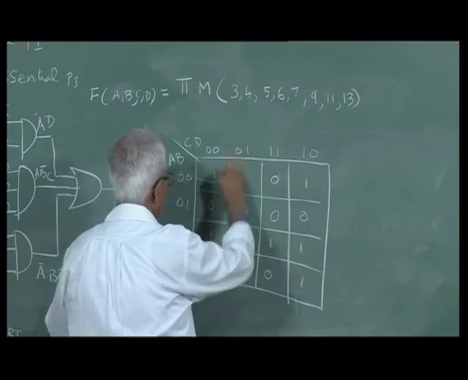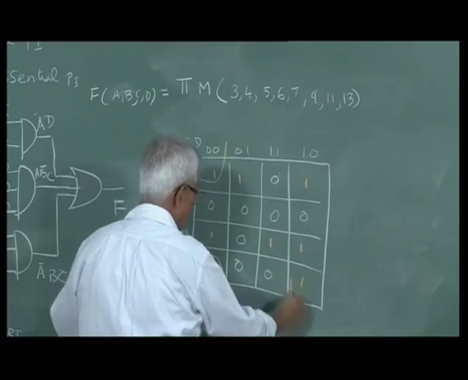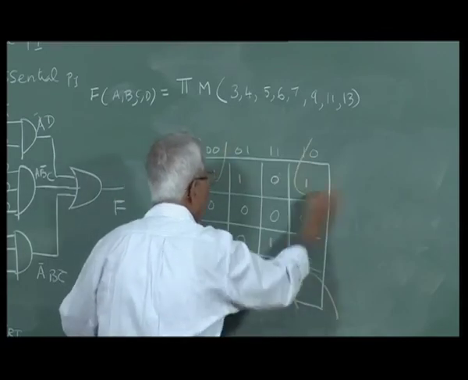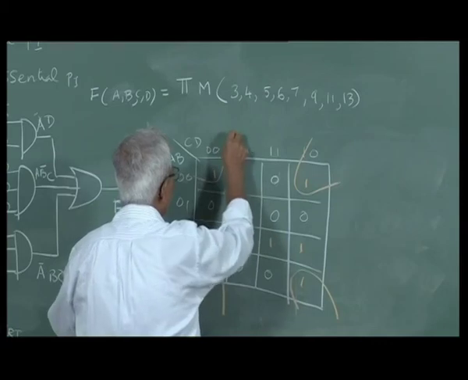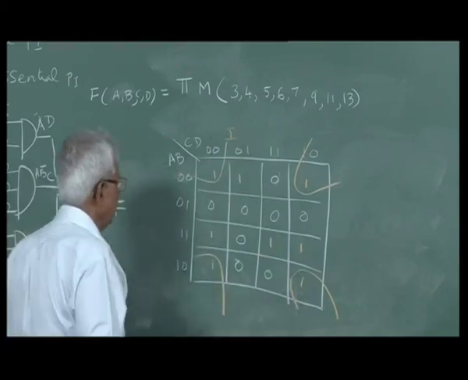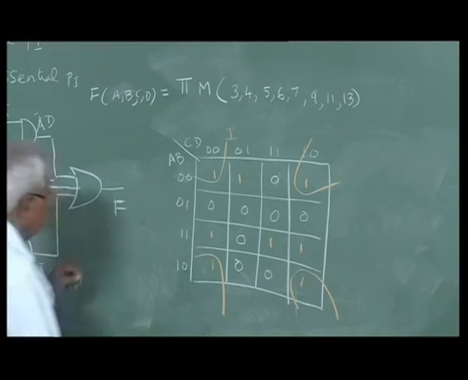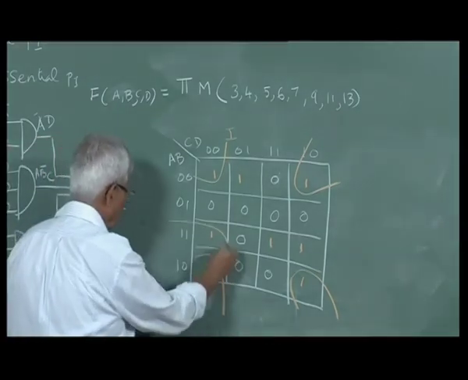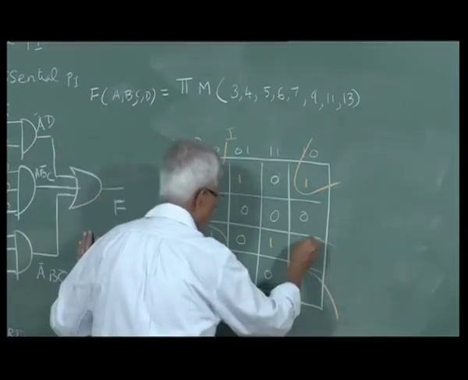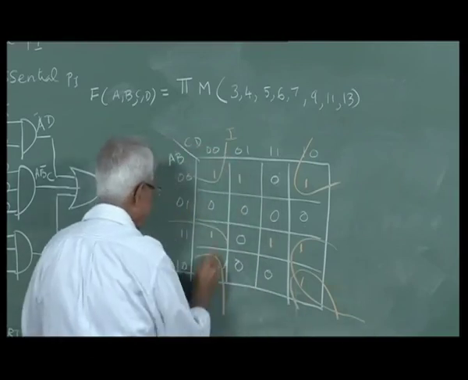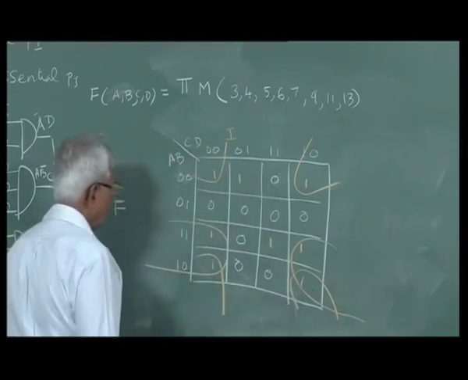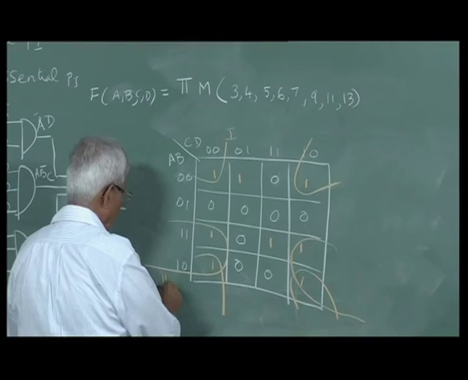These 4 ones. There is one term, prime implicant 1. Prime implicant 2. These 4 are adjacent, these 2 and these 2. So this is prime implicant 2.